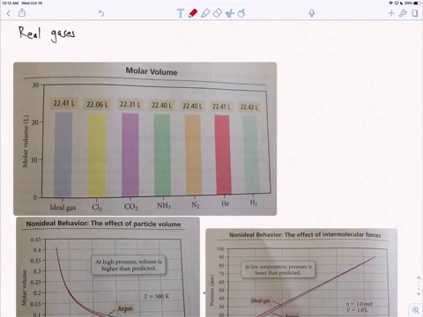Then also real gases, because if you go on and learn other things, you have to worry about real gases. But the truth of the matter is, unless you're a chemical engineer working at a plant, or a rocket scientist designing engines, you probably don't have to worry about real gases that much, to be perfectly honest.